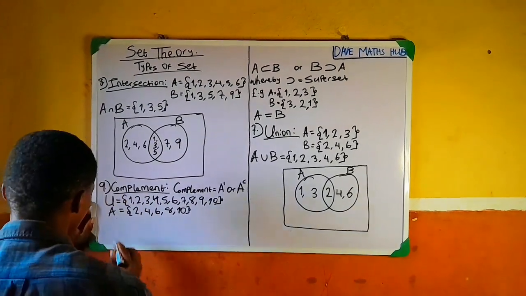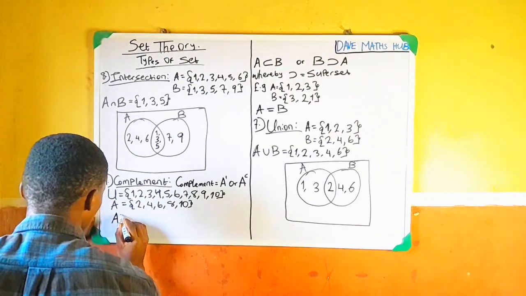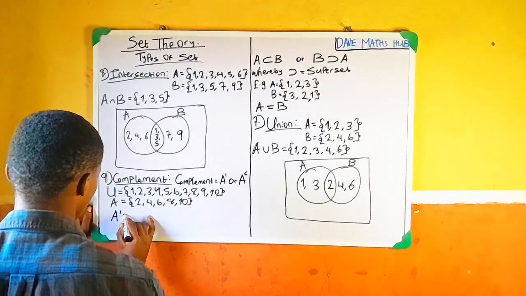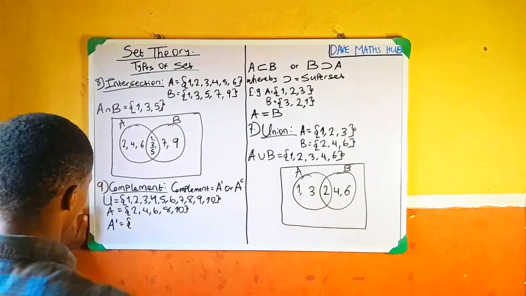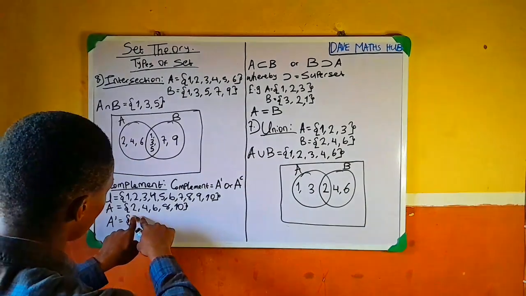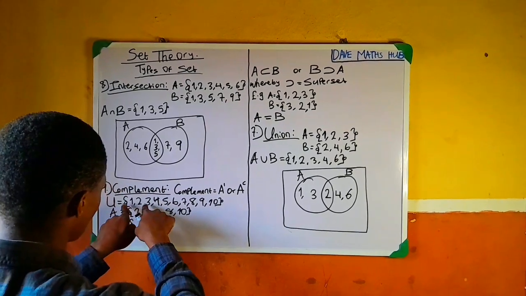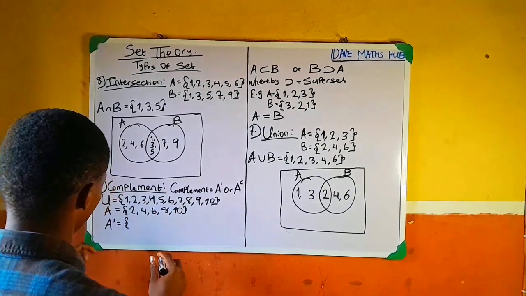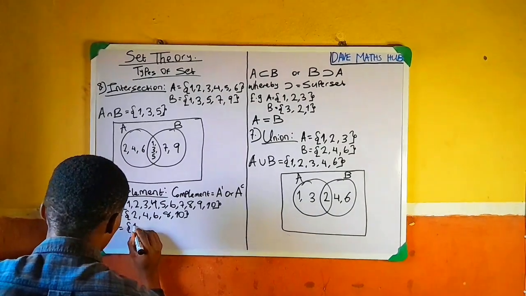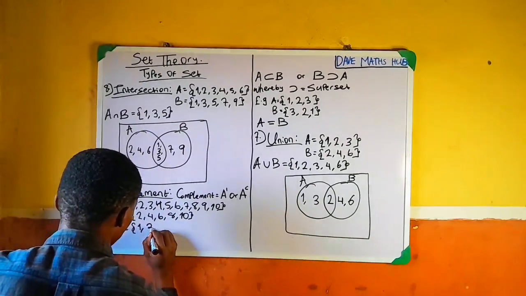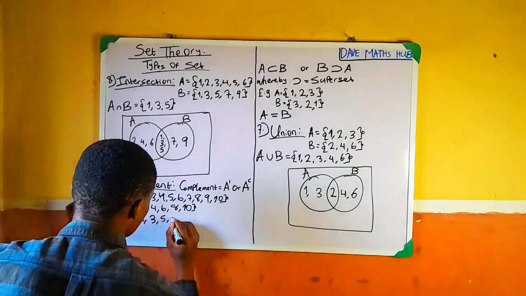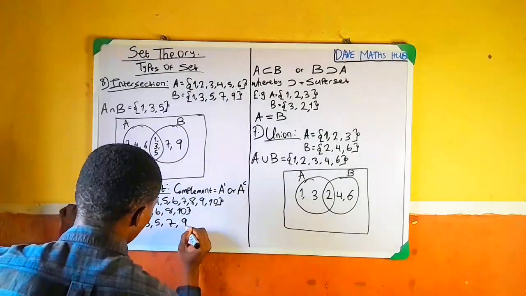So A complement now is the elements that are not found in set A but are in the universal set, which are odd numbers: 1, 3, 5, 7, and 9.